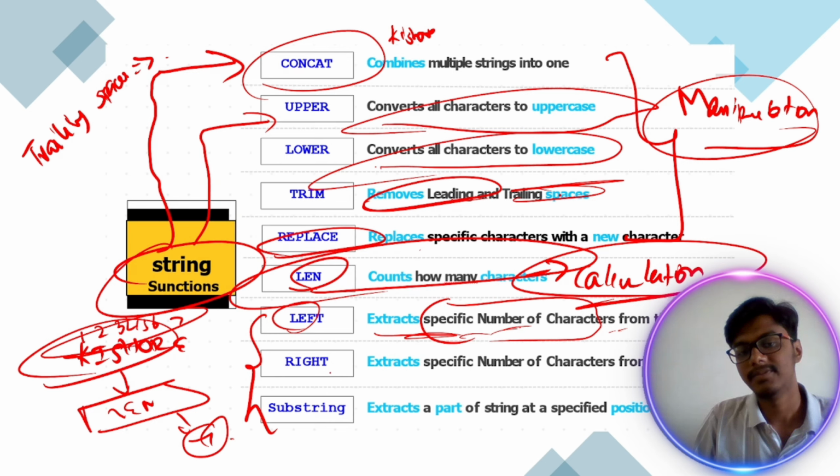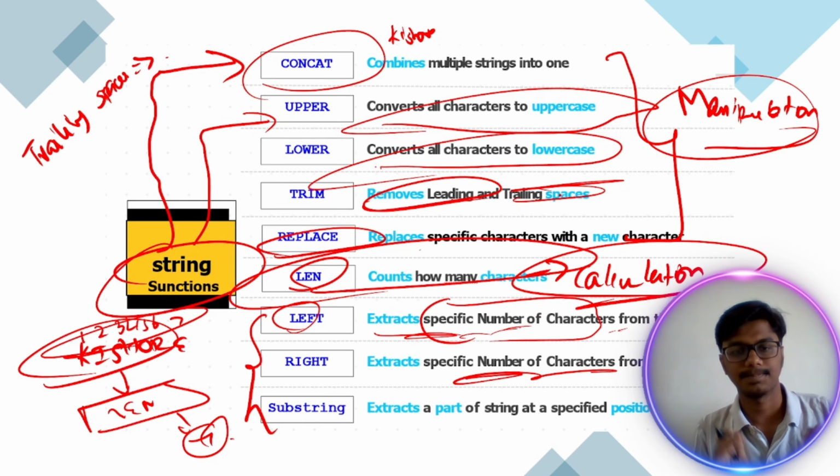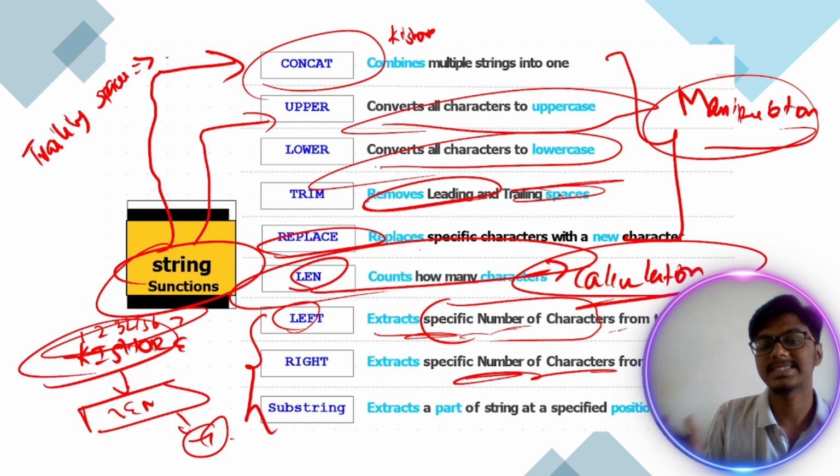And right means we are going to extract a specific number of characters at the end. That's how the right function works. And in substring, we are going to extract a part in between.